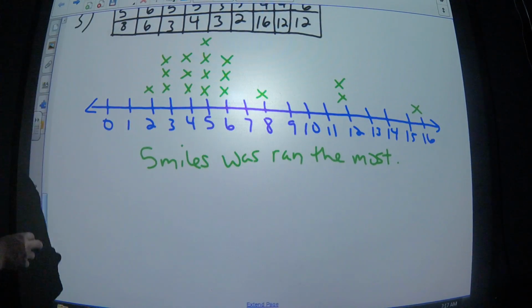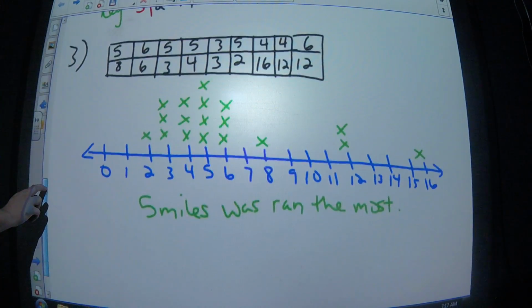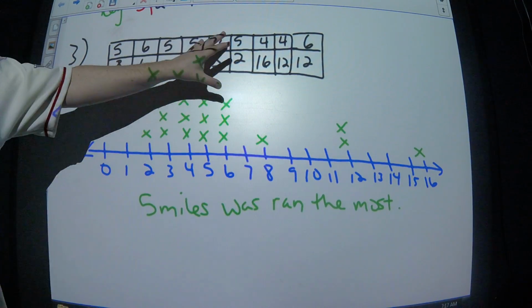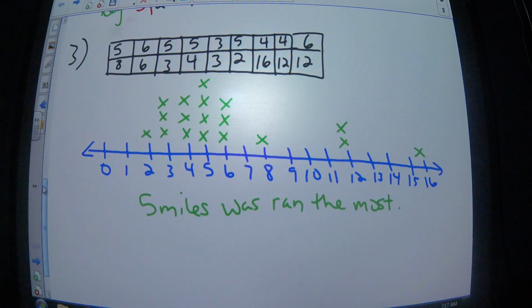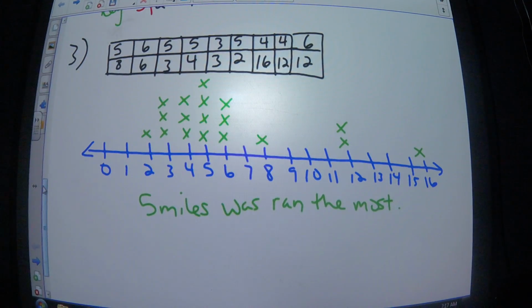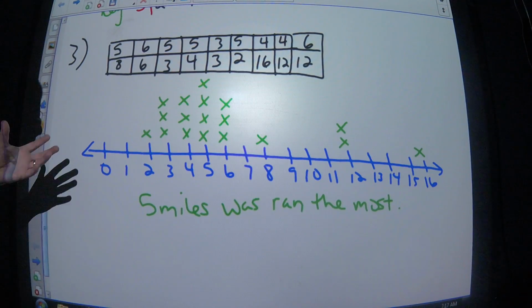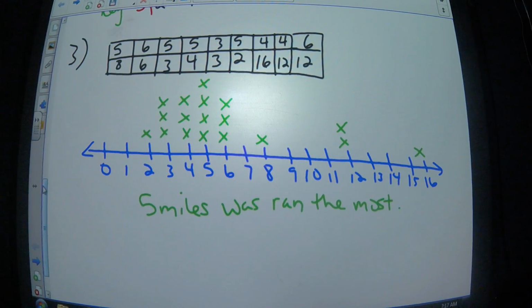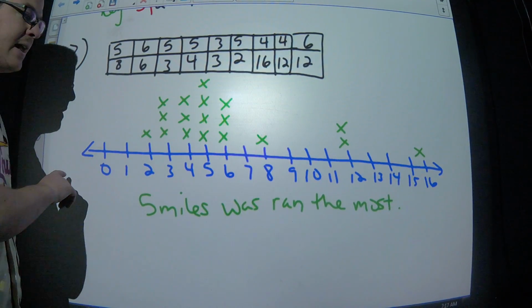Last, line plots. So if I was given this graph of data or table of data, and these are running times for the cross country or track team, and I wanted to organize my data better so that I could tell where the group of running minutes are, I could set it up as a line plot.